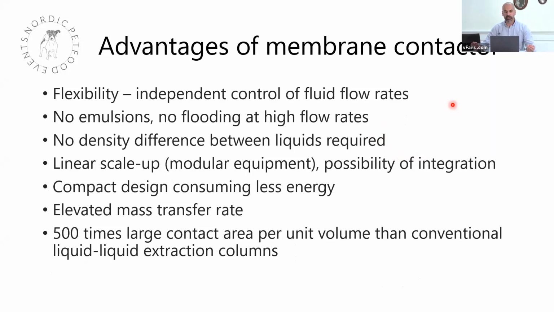It's also scalable, with linear scale-up, modular equipment, possibility of integration into an existing process, compact design consuming less energy, and elevated mass transfer rate. Literature says that it has a 500 times larger contact area per unit volume than conventional liquid extraction columns.